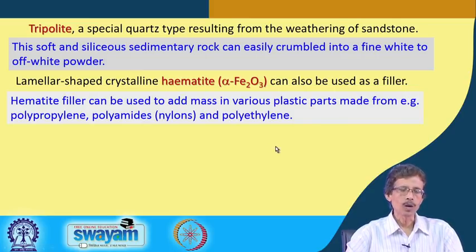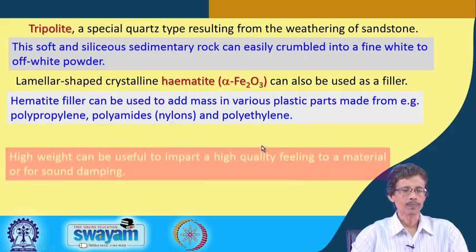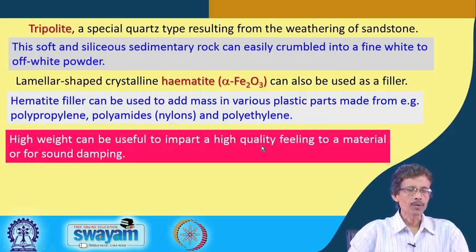So, for the polymer industry also, we should know what the inorganic material is and how we can add those inorganic materials to give shape and structure to the different types of polymeric materials. Then apart from the light material, the high weight one can be useful to impart a high quality filling to a material for sound damping also.